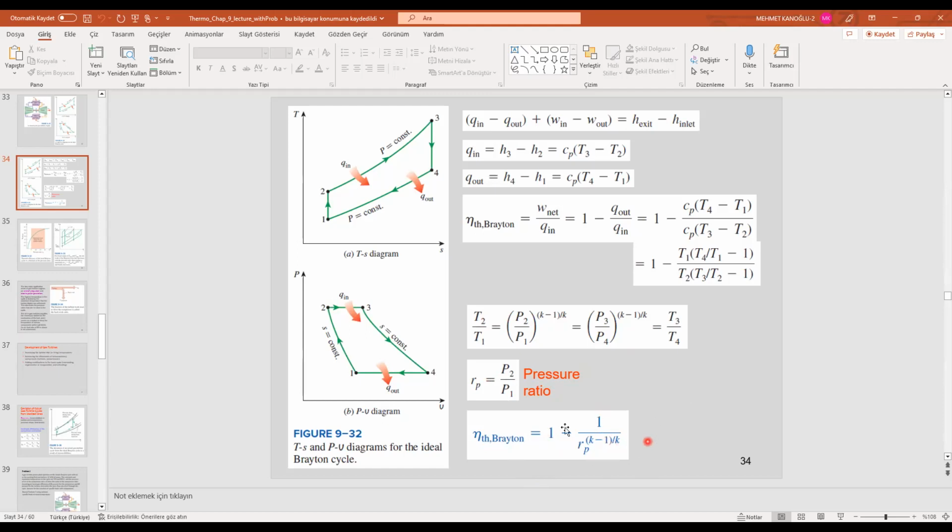If you look at this equation, mathematically it should be easy to see that Brayton cycle thermal efficiency is a function of two parameters, pressure ratio and specific heat ratio. The specific heat ratio for air is not changing much, so the main parameter here is the pressure ratio, and it is easy to see that as the pressure ratio increases, thermal efficiency increases.